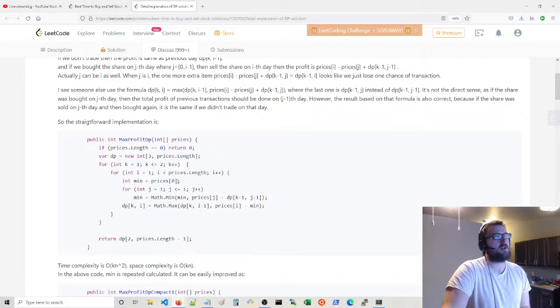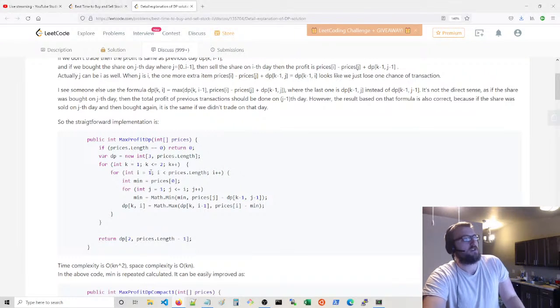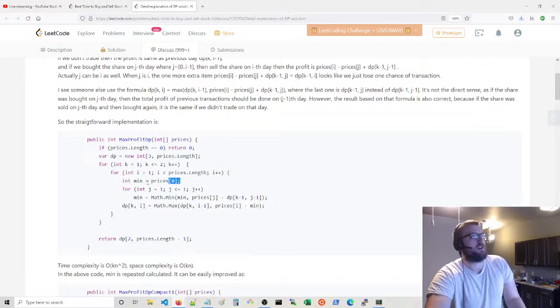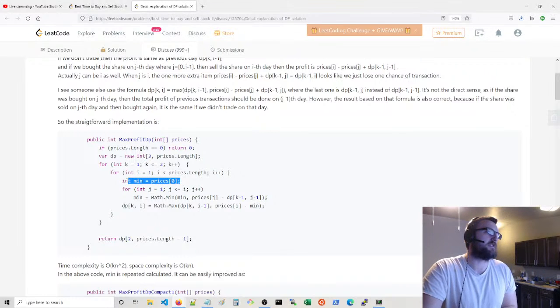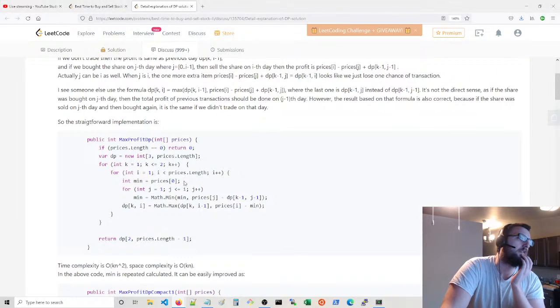That also explains why j starts off at 1, because if j was 0, you wouldn't have dp of 0 here. Basically, whatever k is, if j is 0, then this min is always just going to be prices[0]. Ultimately, that's kind of interesting.